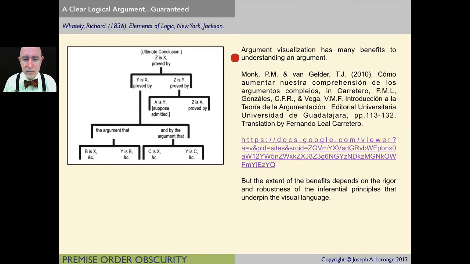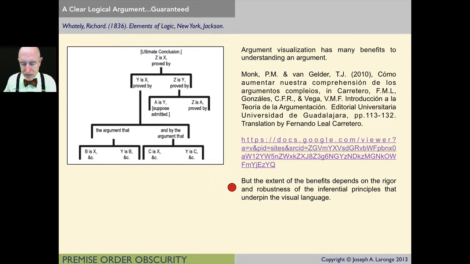And don't get me wrong, argument visualization has a lot of great benefits in understanding an argument. Certainly, and here's a link to what was originally a speech by Tim van Gelder and Dr. Monk, great originators of many crucial aspects of argument mapping.